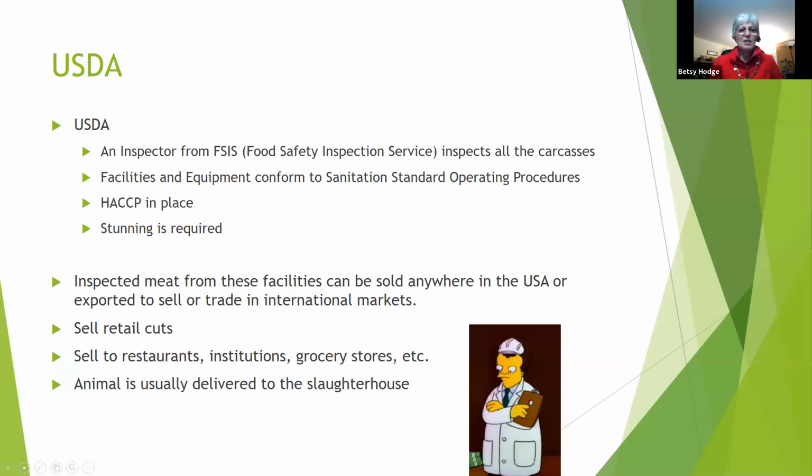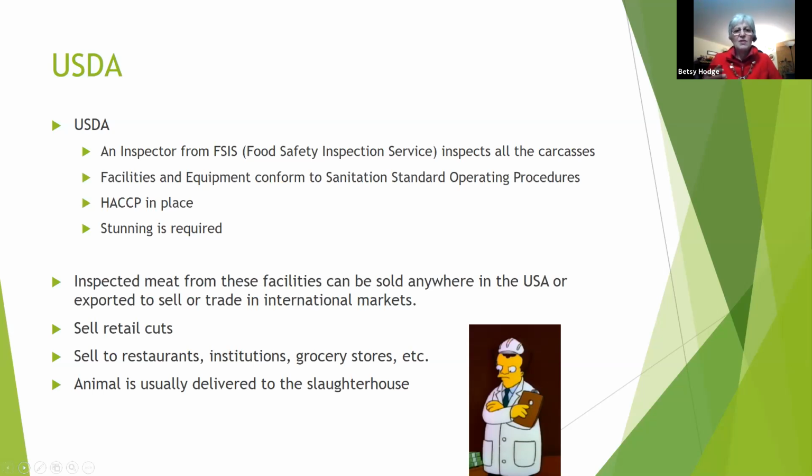You can sell inspected meat from these facilities anywhere in the US, and you can even export it to sell or trade in international markets. I've sold stuff to people from Canada before. It's nice to have USDA processing because that's what it should be legally. You can also sell retail cuts.